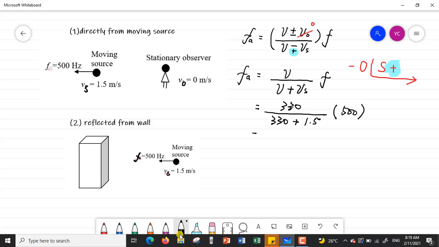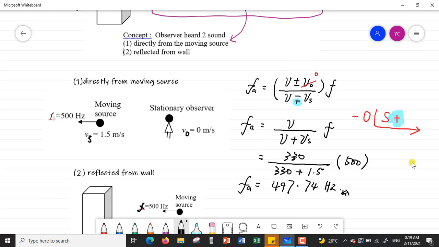Okay, so you might pause the video to do the calculations. If you calculate correctly, you should get around 497.74 Hz. Okay, I hope you get it correctly. Alright. So that one is the first apparent frequency that will be heard by the stationary observer directly from the moving source.